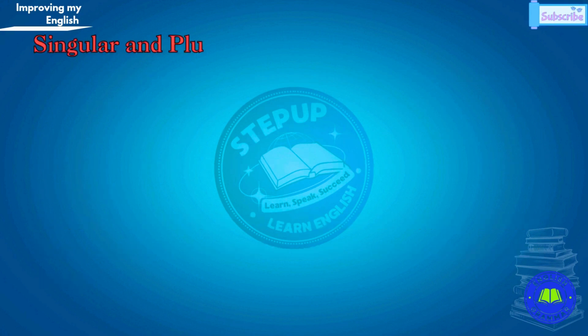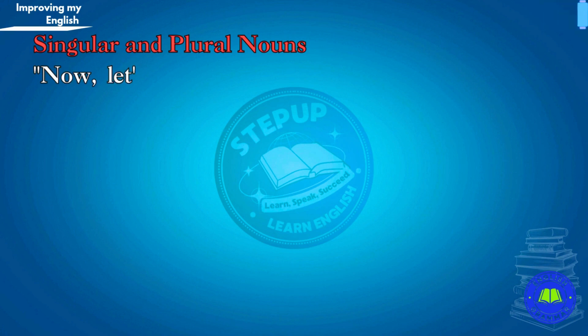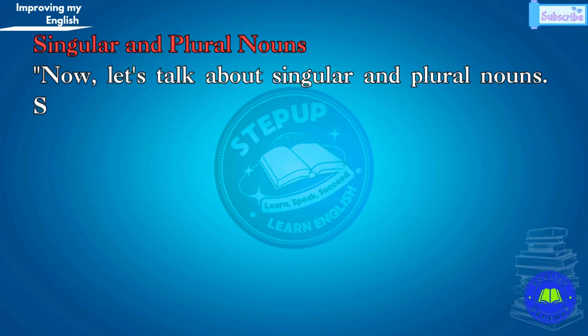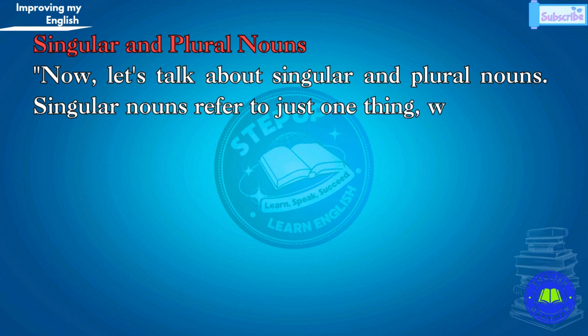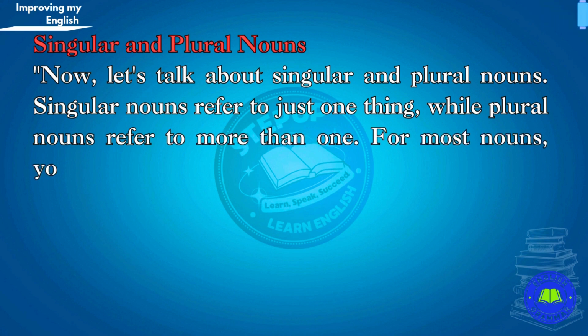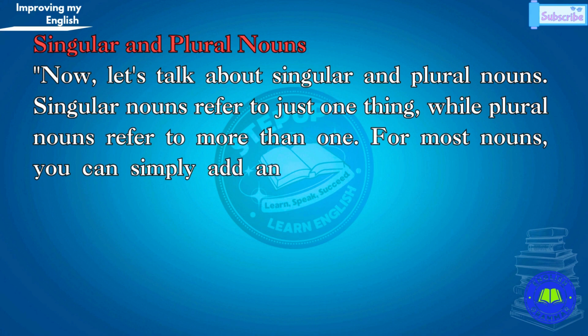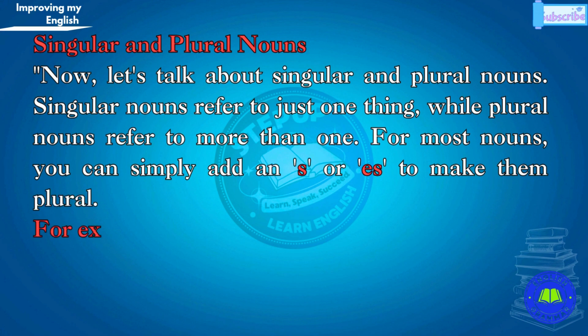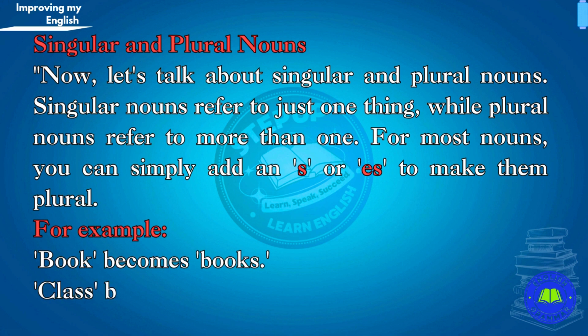Singular and plural nouns. Now, let's talk about singular and plural nouns. Singular nouns refer to just one thing, while plural nouns refer to more than one. For most nouns, you can simply add s or es to make them plural. For example, book becomes books.